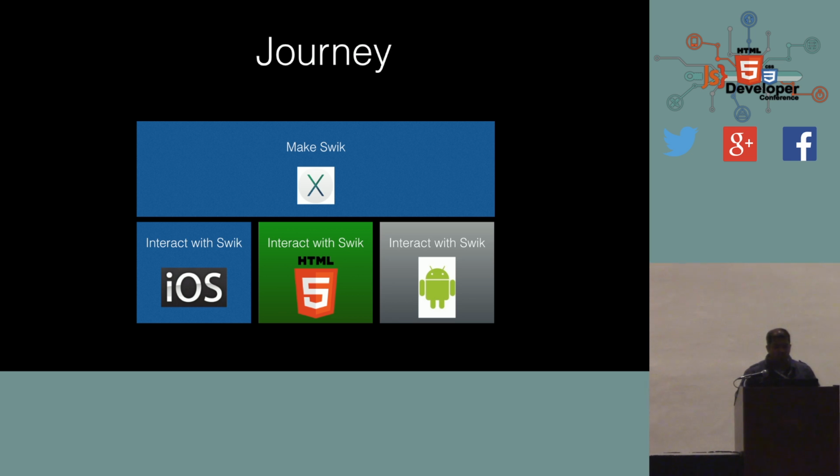So basically what a user would do, he would create a Swik in the authoring tool, and then he could play it on iOS. Once we had those two pieces in place, the next piece we wanted was the ability to do this across multiple platforms. So we started with HTML. We wanted to do it in the browser, and that's mostly the focus of my talk today. And in the future, we also want to expand to the Android platform.